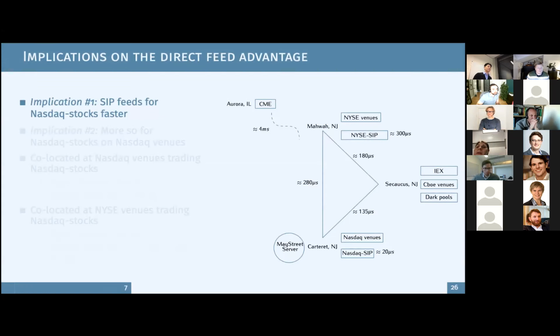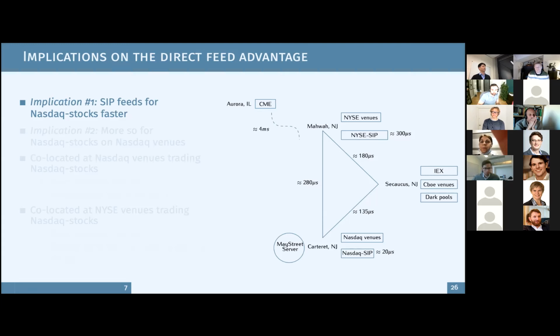So what does that mean? What's the implication of the upgrade on the so-called geographic latency in the graph I showed you before? I think implication one is super simple, right? Remember that only NASDAQ stocks, that means stocks listed on the NASDAQ exchange, have to report to the NASDAQ SIP.